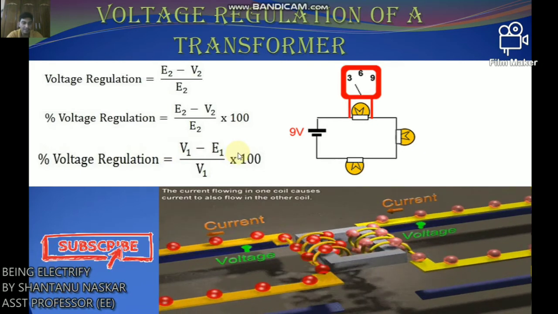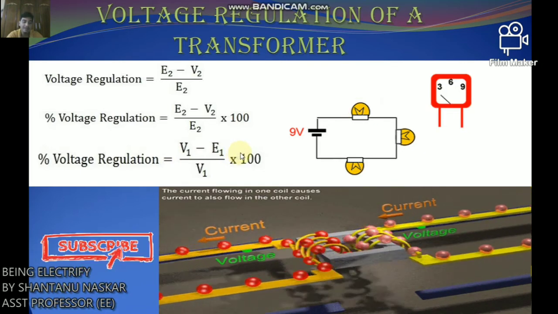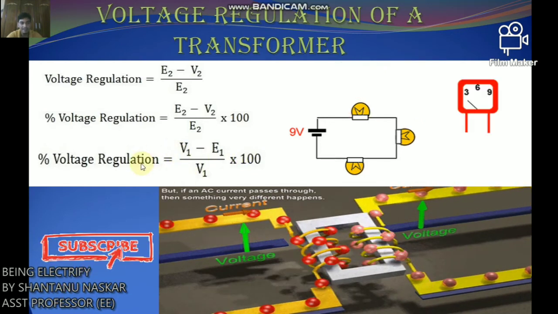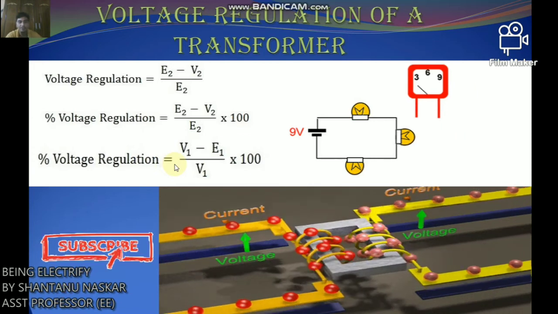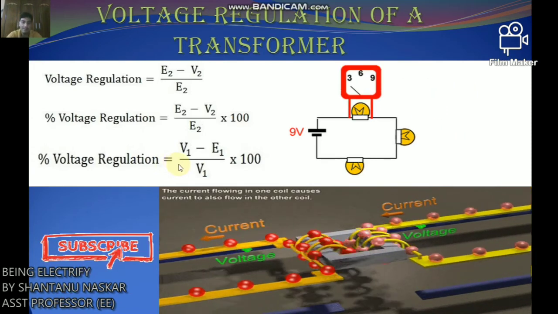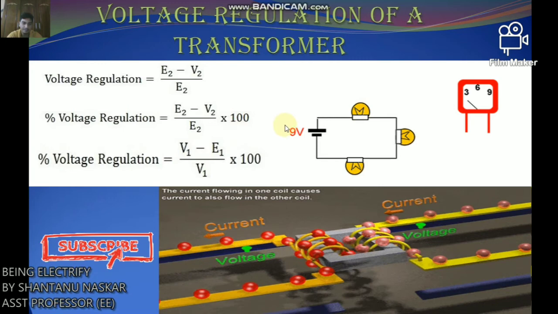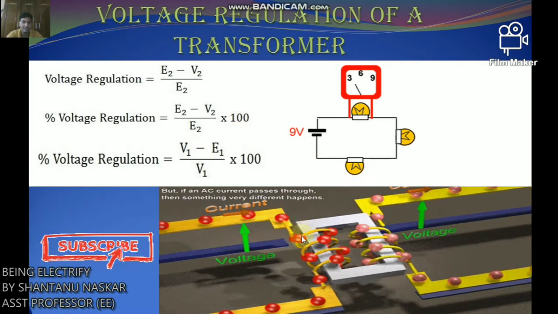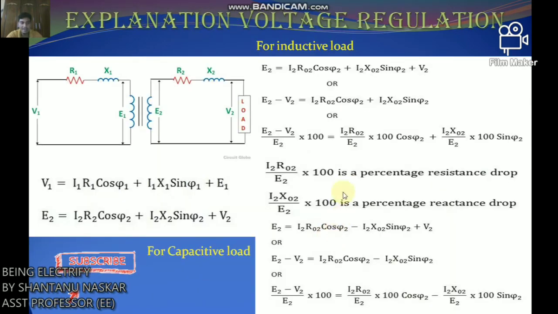The voltage regulation by considering the primary terminal of the transformer is expressed as percentage voltage regulation equals V1 minus E1 by V1 into 100.